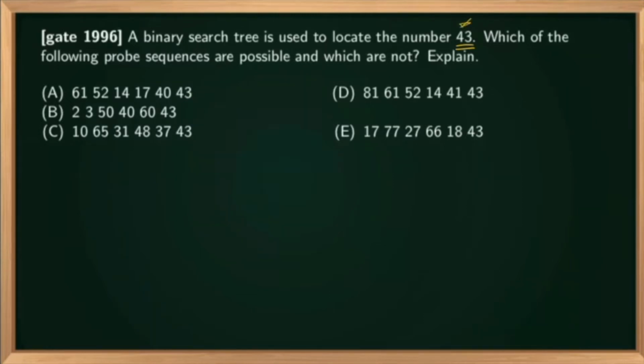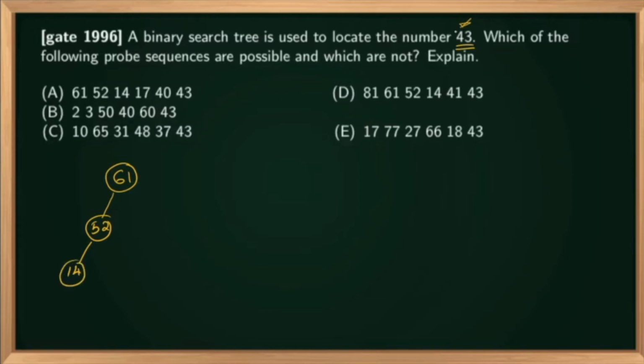So let's take choice A. It says the first element is 61. So definitely it should be the root because here we are starting. And since we are searching for 43, we will go left. Then we see 52, that is correct. Since we are searching for 43, we go left. And we see 14, that is correct.